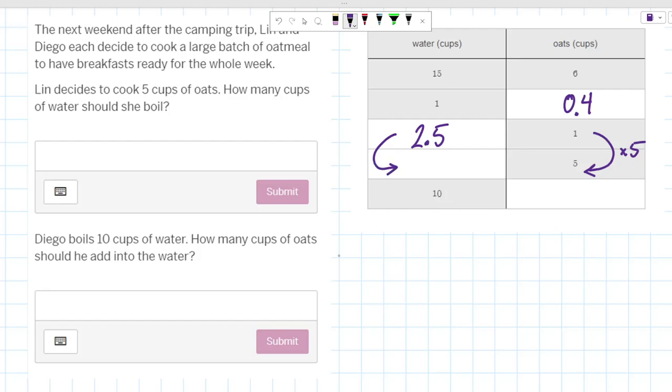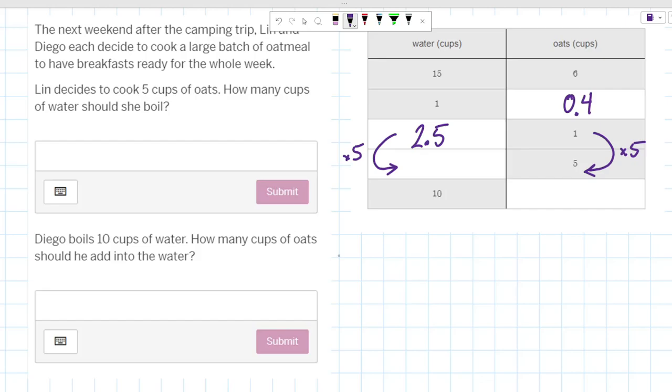Because if for 1 cup of oats, I need to use 2.5 cups of water, I know that for 5 cups of oats, I would need to multiply 2.5 by 5. So you can think about it intuitively, if that makes sense, or you can just think about it in terms of the table. So 2.5 times 5.